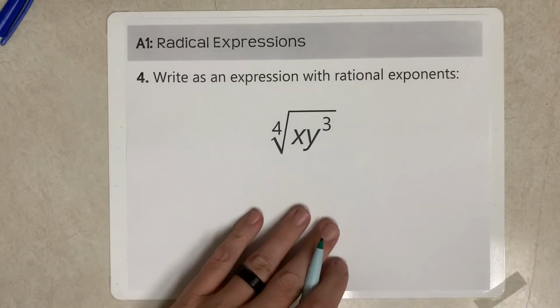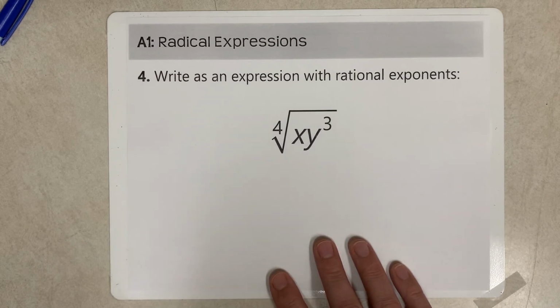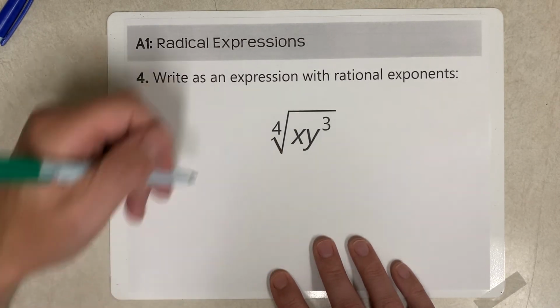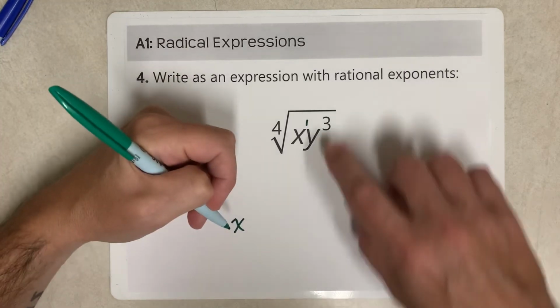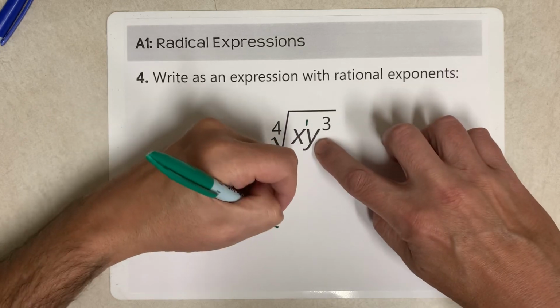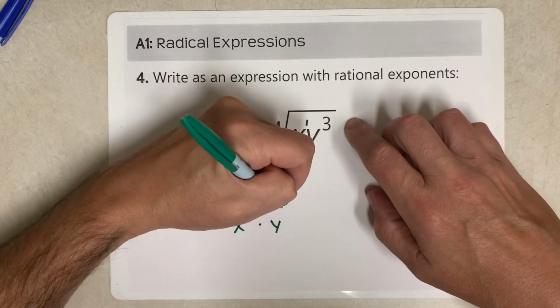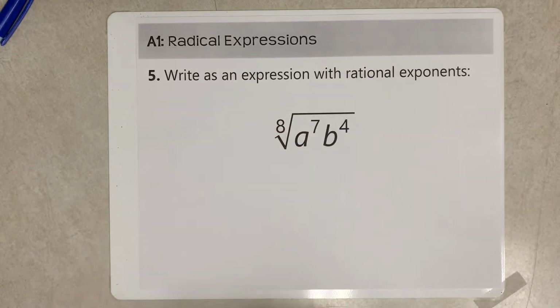Okay, this one, of course, we're going to move into different numbers of variables here, but that's x to the first power. And so we're going to have x to the 1/4 times y to the 3/4. And that's it. That's all you have to do. Again, we have 2 variables.